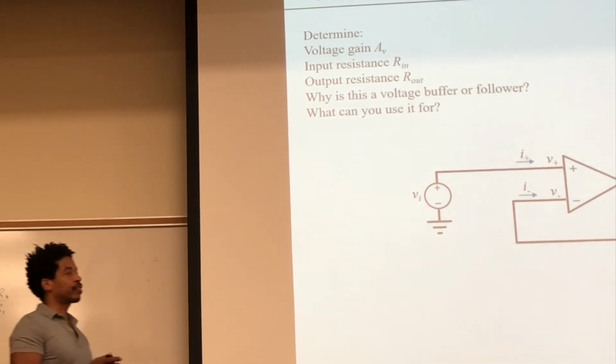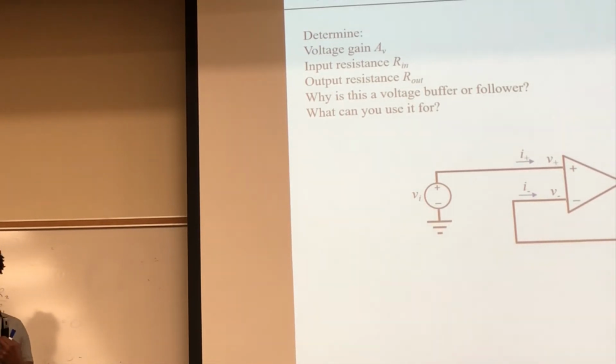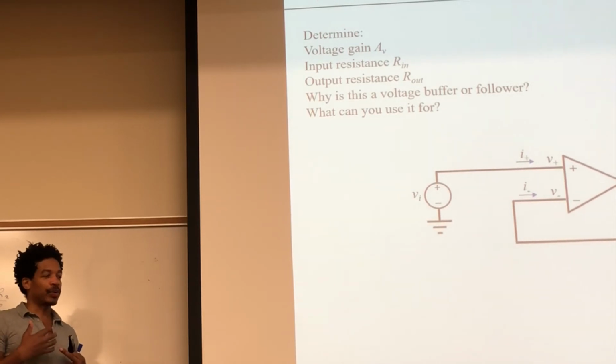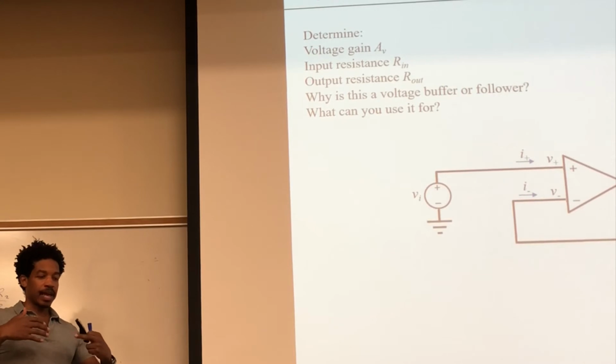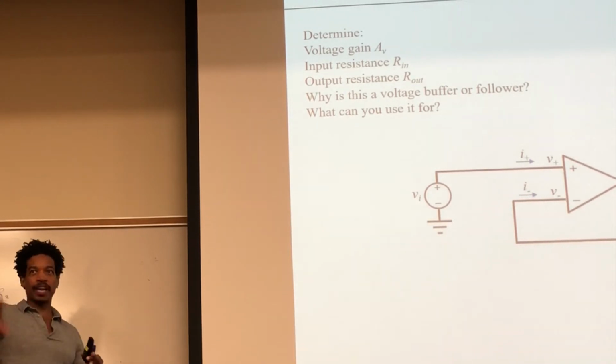You know, there's a voltage difference between me and you. Let's say I'm at 10 volts and you're at 20 volts. Everywhere in my body is 10 volts. Everywhere in your body is 20 volts.